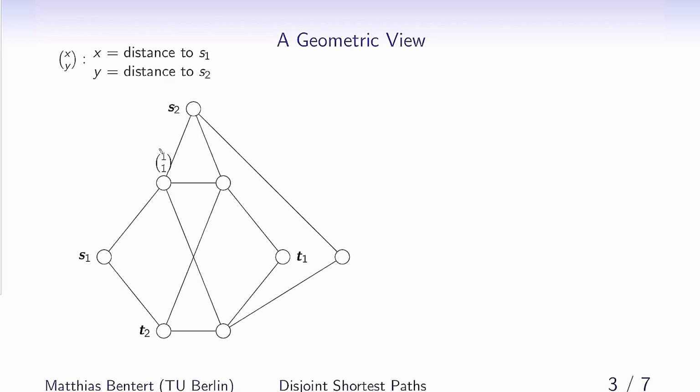So if we do this for all the vertices, this might look like this. So for example, this vertex here has distance 3 from s1 and distance 1 from s2.